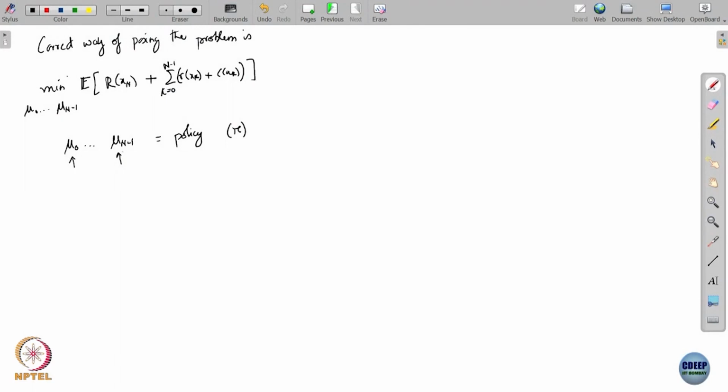So, these functions mu 0 to mu n minus 1, or your policy, effectively constitutes what is called a strategy. It involves coming up with these plans, whereas u 0 to u k minus 1, which are the actual decisions you are going to take, these constitute actions.